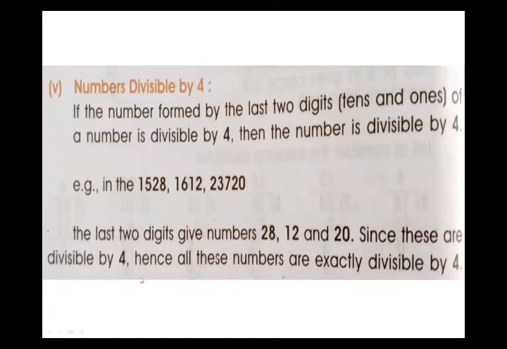The last two digits give the numbers 28, 12 and 20. Since they are divisible by 4, hence all these numbers are also exactly divisible by 4. Clear, students? Hope you all understand.